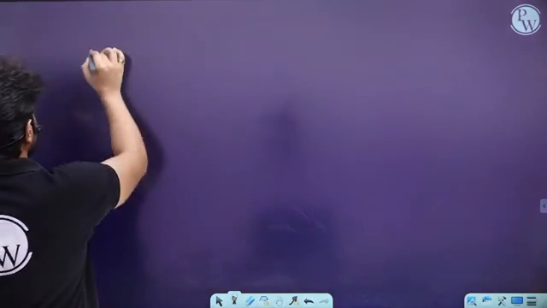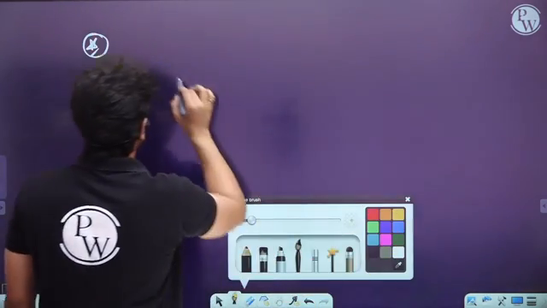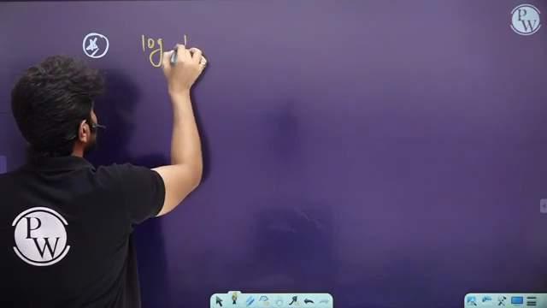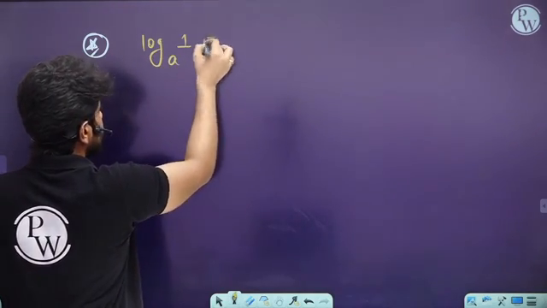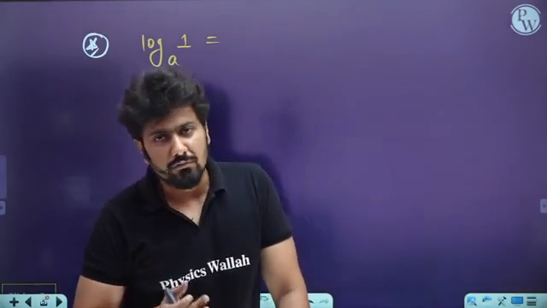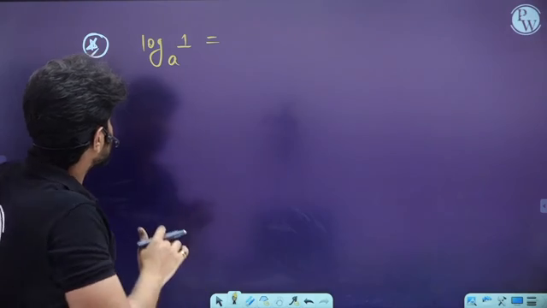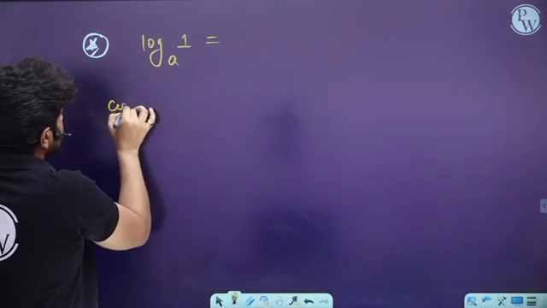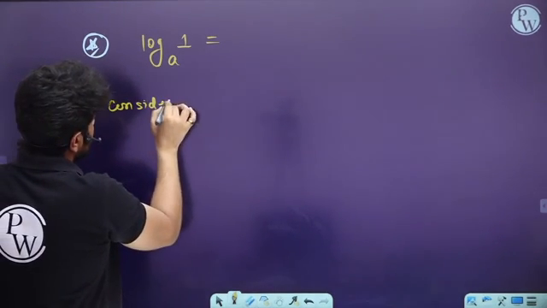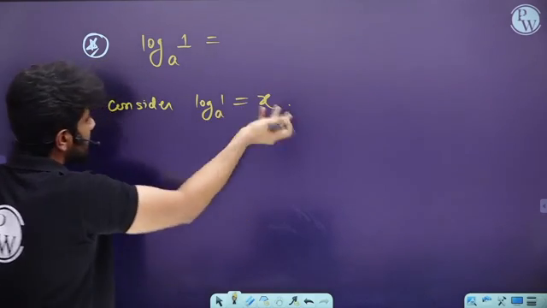So there are some important properties. If I ask you what is the value for log of 1 to some base a, let's say, how do I find this value? Just consider log of 1 to the base a is equal to some number x.